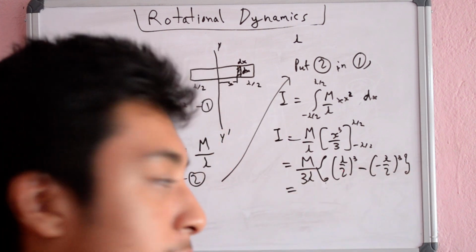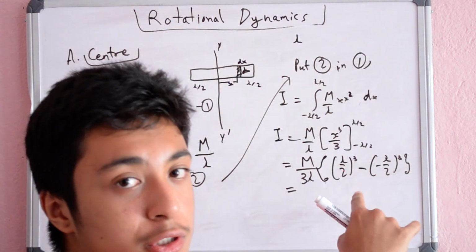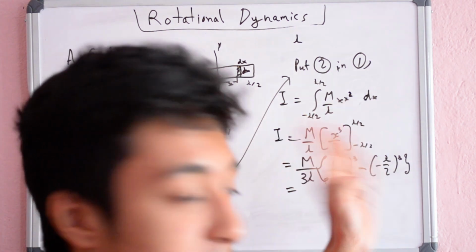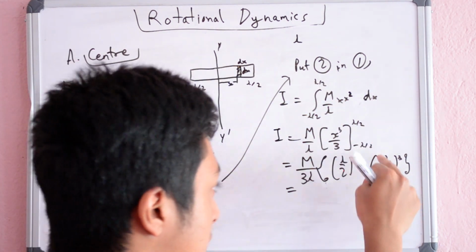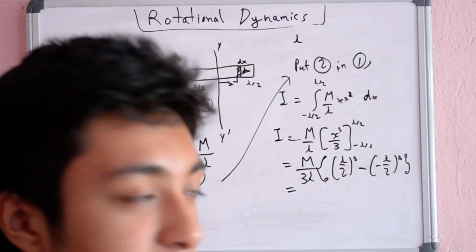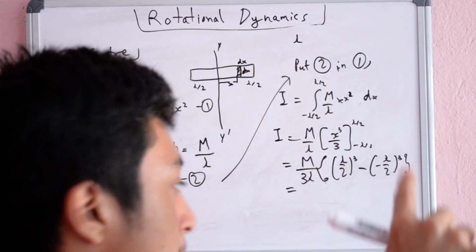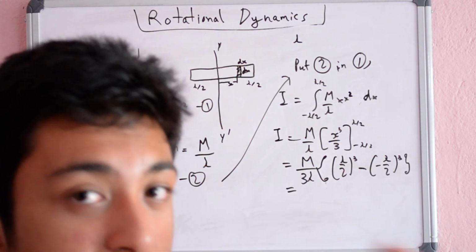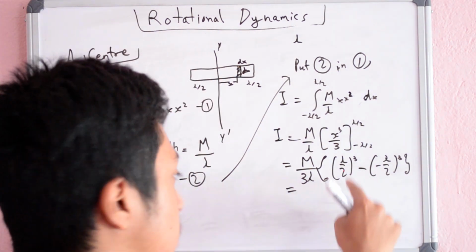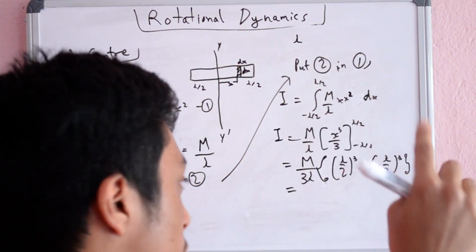So let's just do it in our head. L by 2 whole cube, which is L cube by 8, minus minus L cube by 8, which is plus L cube by 8. So we will in fact have 2L cube by 8. So 2L cube by 8 is L cube by 4.